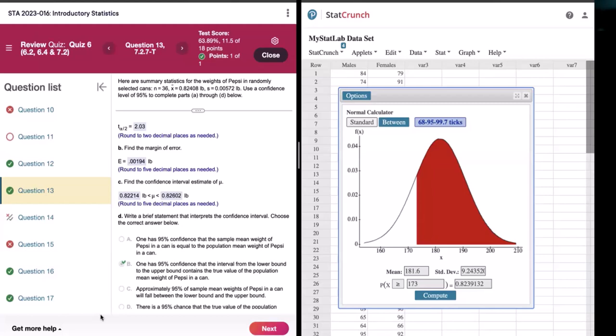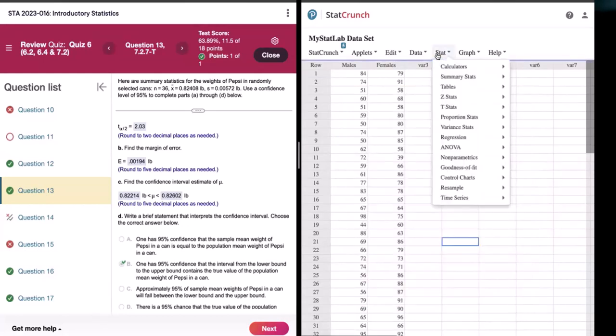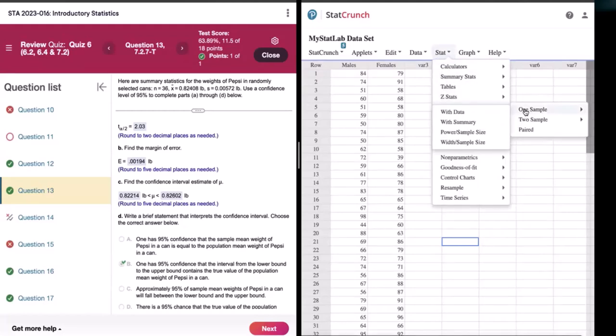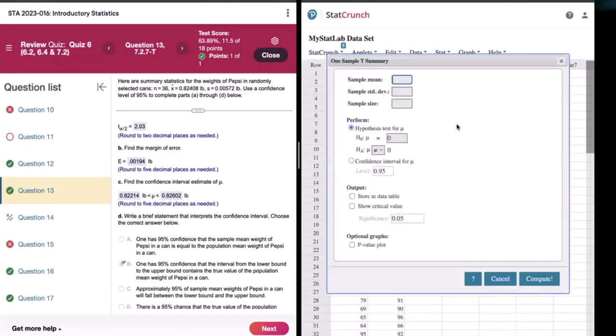I can already touch his screen, and I'm sure it's a T stat because we don't have population anything, and it's one sample, and it is with summary, and we do know the sample mean. It is 0.8240. Is that a 9 or an 8? 8. Sample standard deviation 0.00572.